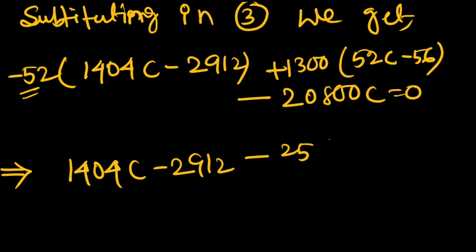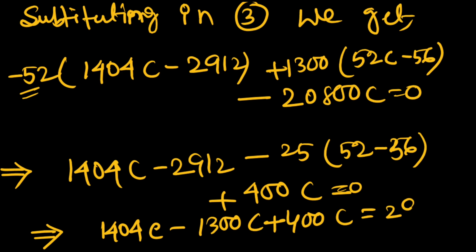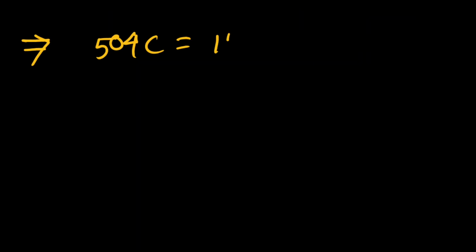We arrange the c terms on the left hand side and numbers on the right hand side: 1404c minus 1300c plus 400c is equal to 2912 minus 1400. This implies 504c is equal to 1512, which implies c is equal to 3.